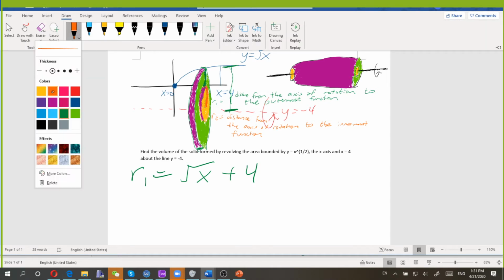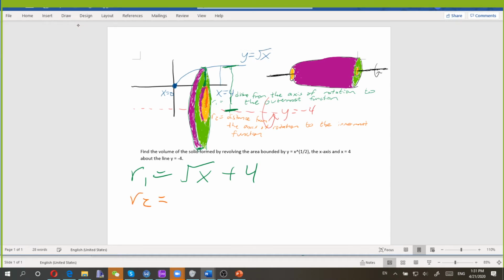R2 here in orange is my distance from the innermost function, which is here in black, the x-axis, to the axis of rotation, which is -4. So my difference between 0 and -4 is 4 units.